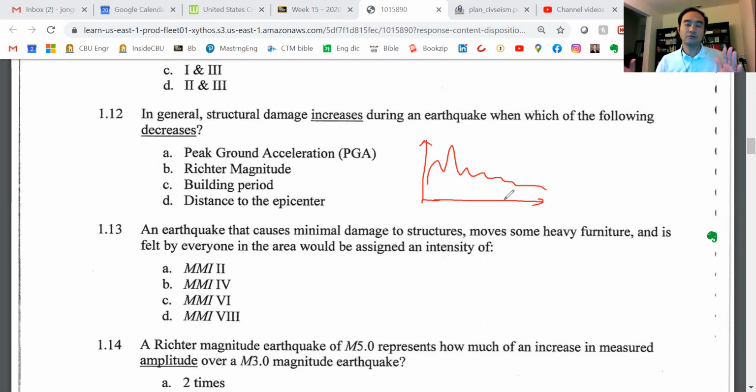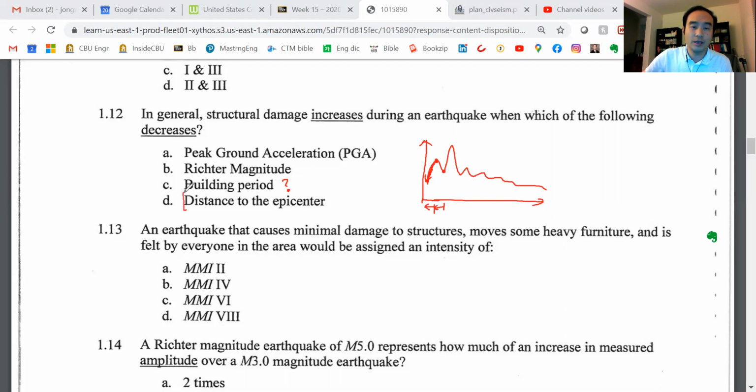So a decrease of the building period may increase the demand, but it is not 100% true, because from here to here we have a decrease in period and an increase in demand, but from here to here, with an even further decrease, we still have a decrease in demand as well. So this is not 100% true. It could be, could not be, right?